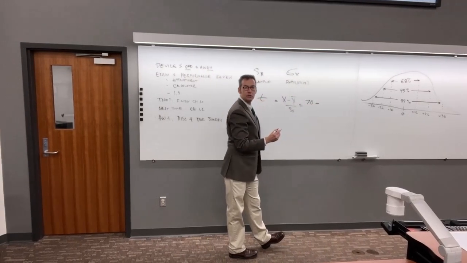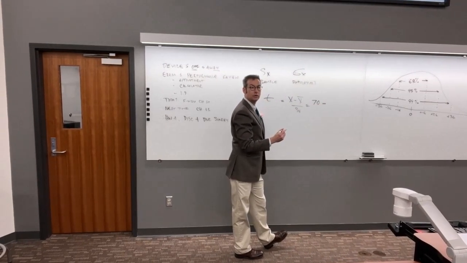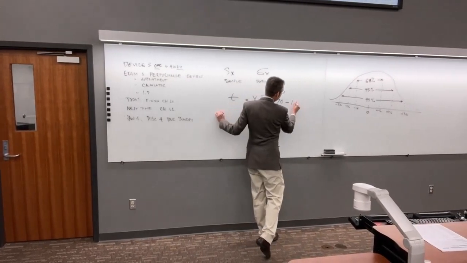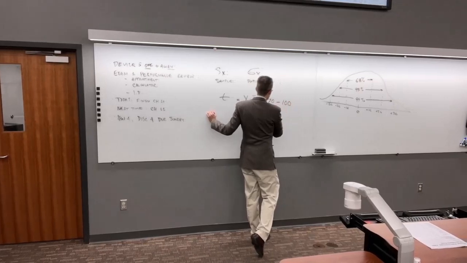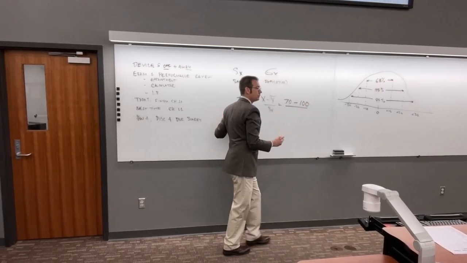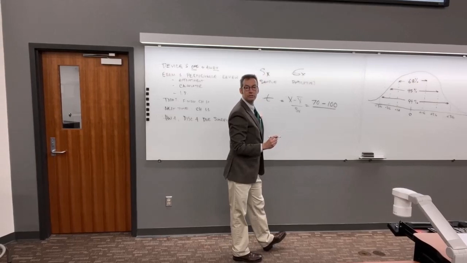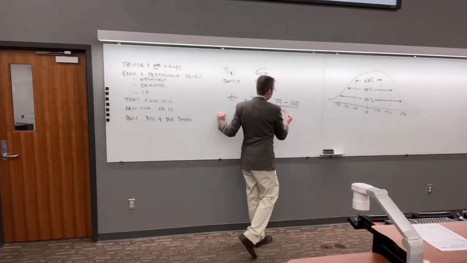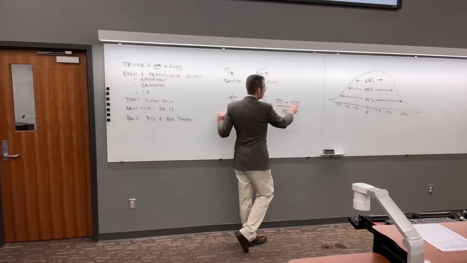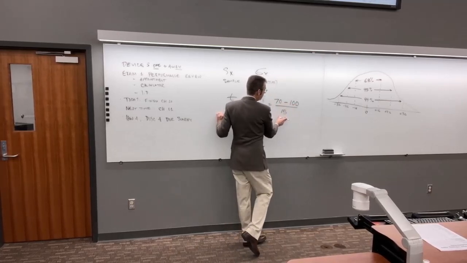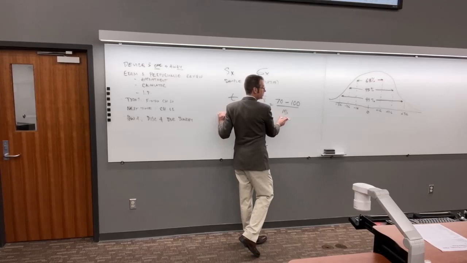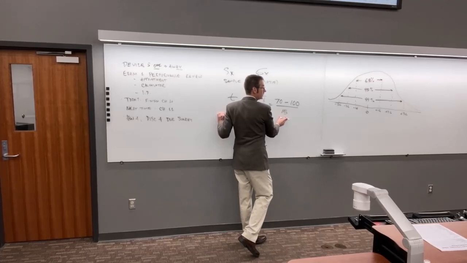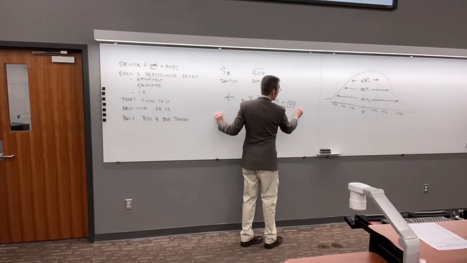For IQ, what did we say X bar is? 100. And then I'm going to divide by the sample standard deviation. What did we say it was? 15. Okay, 70 minus 100 is negative 30. Negative 30 divided by 15 is how much? 2. And minus 2.